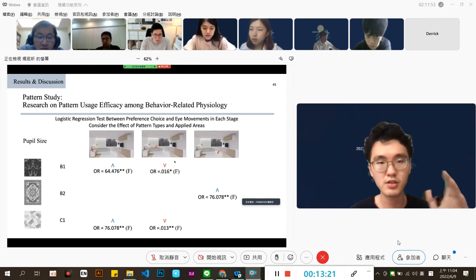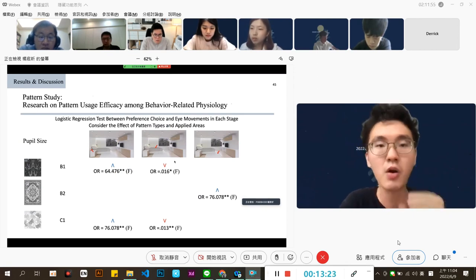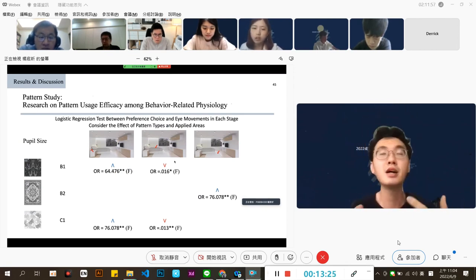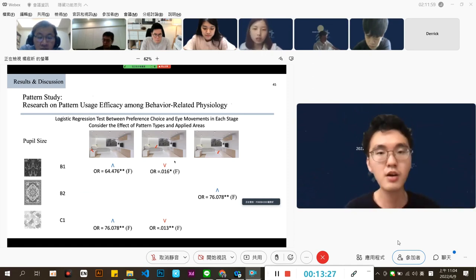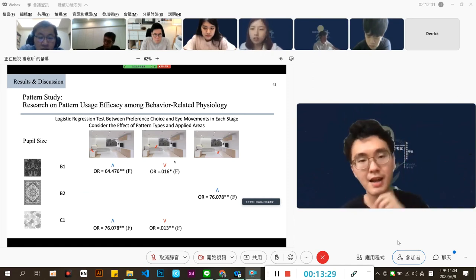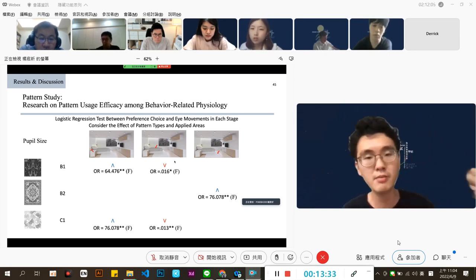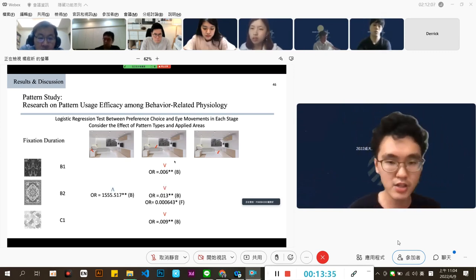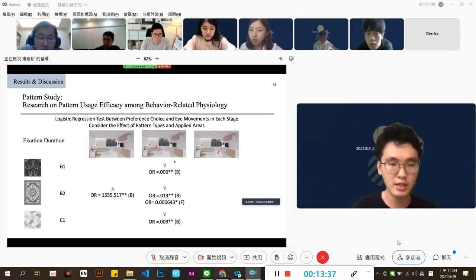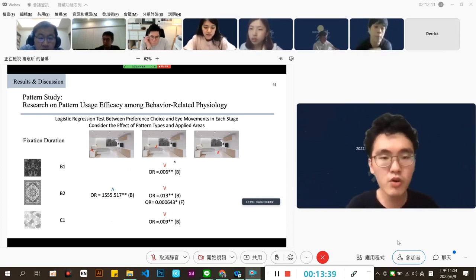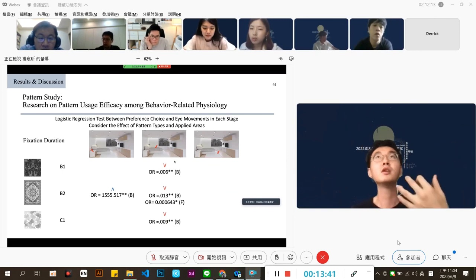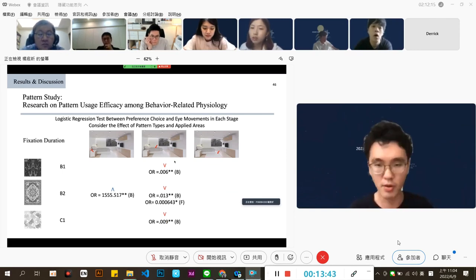As for the logistic regression test results, when we consider the comfortableness of the total appearance with the specific pattern applied in specific areas, the results for emotion and attraction show that the smaller the area is, the more likely individuals are to feel comfortable with the total appearance.